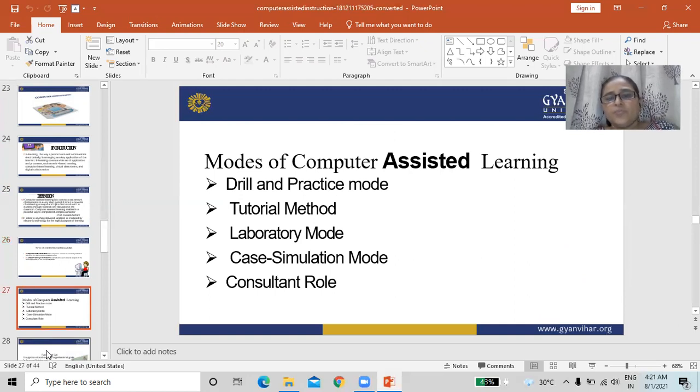Modes of computer assisted learning: drill and practice mode, tutorial method, laboratory mode, case simulation mode, and consultant role.